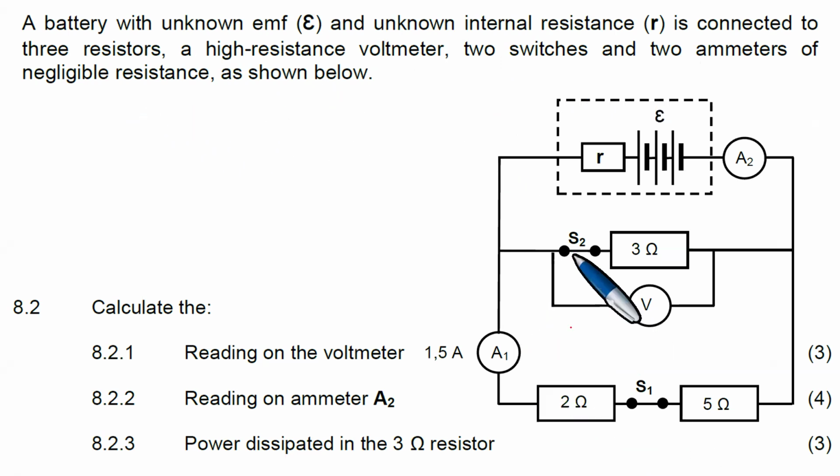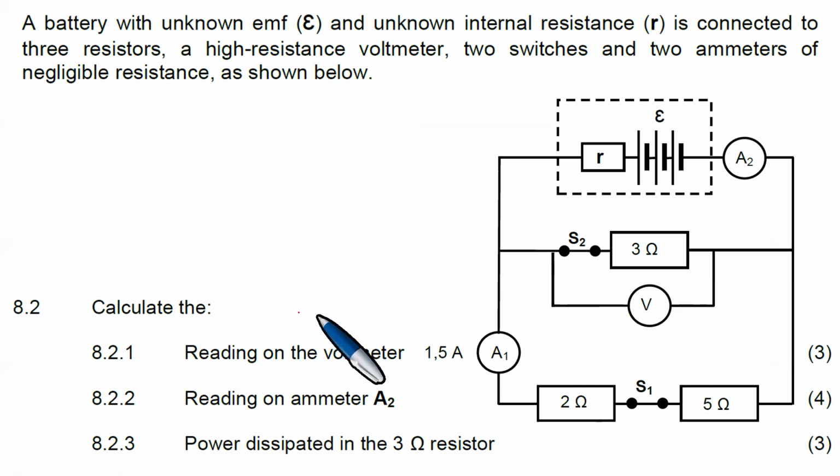You have the 2 switches, switch 1, switch 2, ammeter 1, ammeter 2, but also you have a high resistance voltmeter. So we can see a voltmeter here, but this one is not a standard voltmeter, it is a high resistance voltmeter.